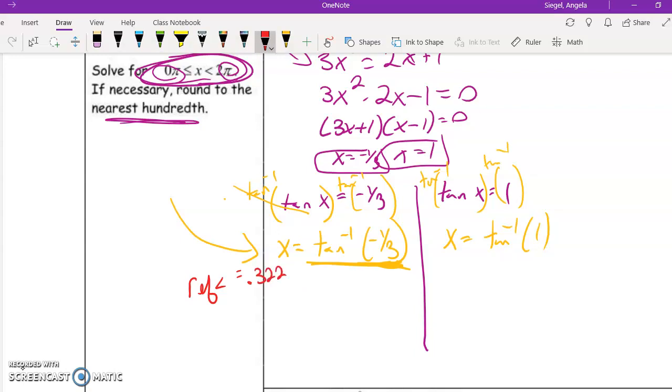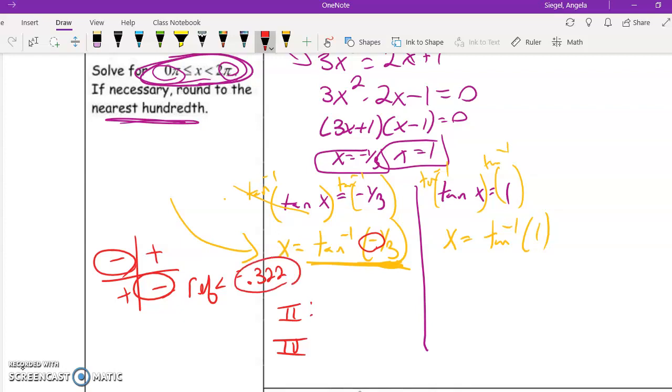Then I need to go back and figure out, well, this is negative. So where's tangent negative? Tangent's positive in the first and third quadrants and negative in the second and fourth quadrants. So in the second quadrant, I'm going to say pi minus 0.322, and in the fourth quadrant, I'm going to say 2 pi minus 0.322.